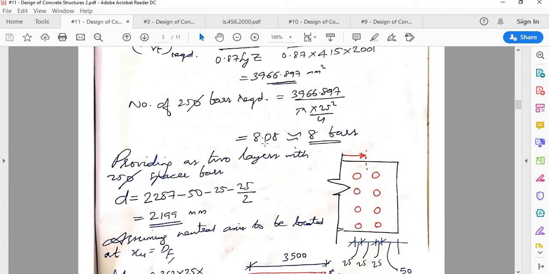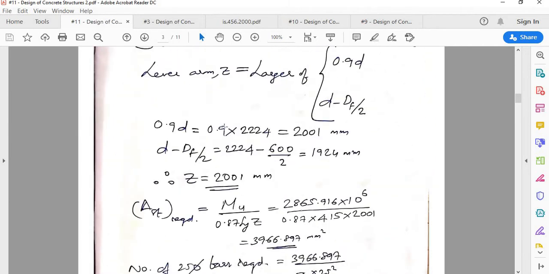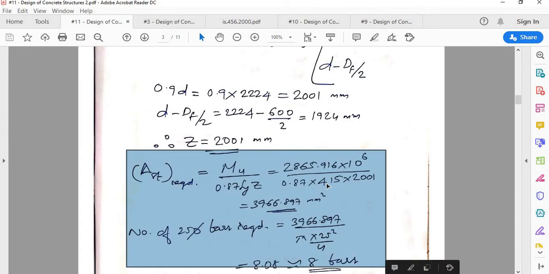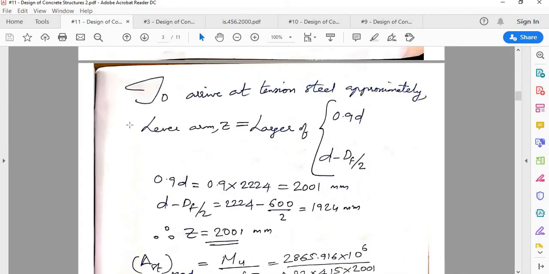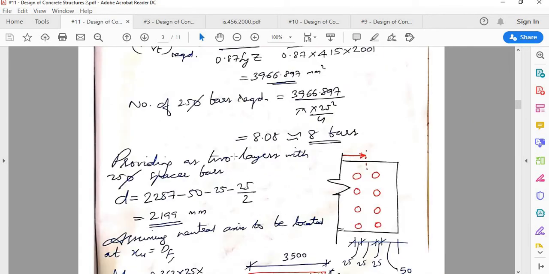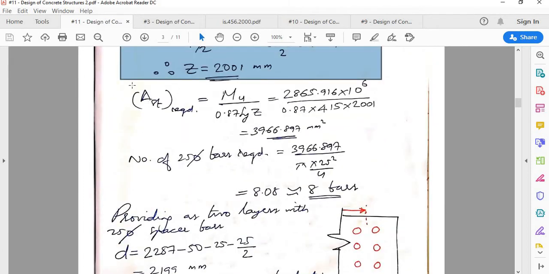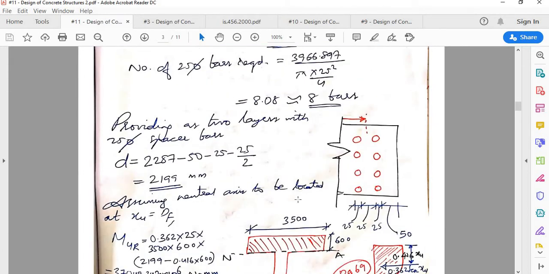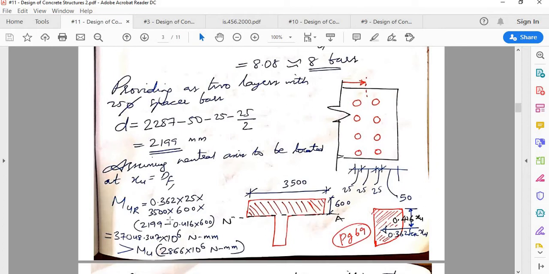What we have done here is, whatever we calculated is only approximate steel, because we have used this approximation. Based on the starting point, we will verify whether the steel calculated is okay or not. That's why, once the bar is fixed, we are again working out the effective depth based on the actual configuration, so that we can calculate the actual AST.